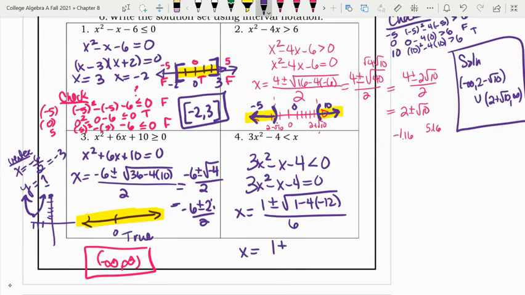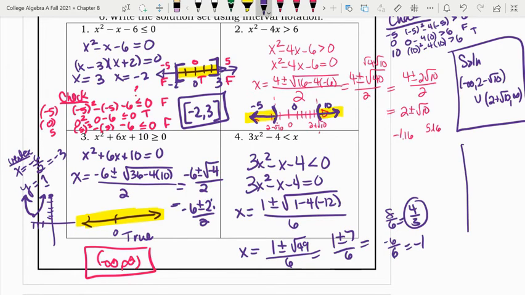So I get 1 plus or minus, that's 48, square root of 49 over 6. So 1 plus or minus 7 over 6. So 8 over 6 is one answer, which is 4/3. And 1 minus 7 is negative 6 over 6, which is negative 1.